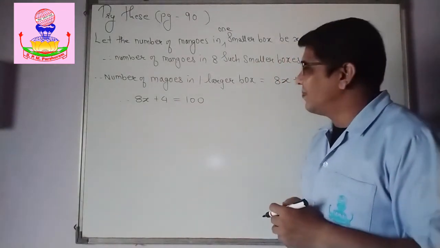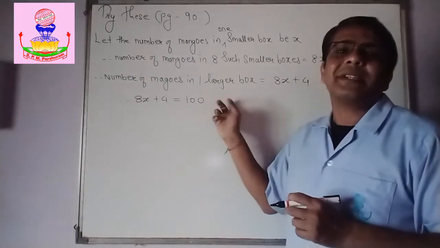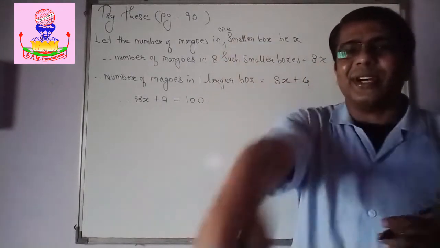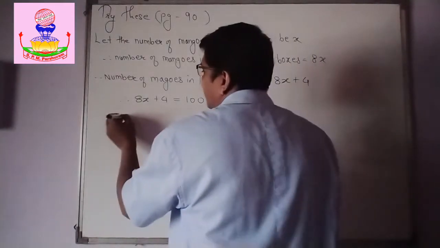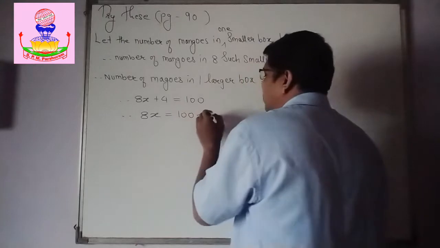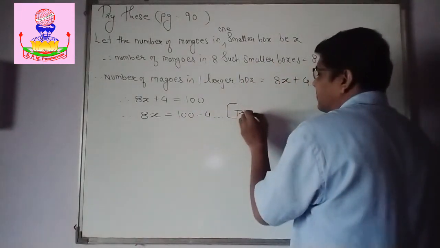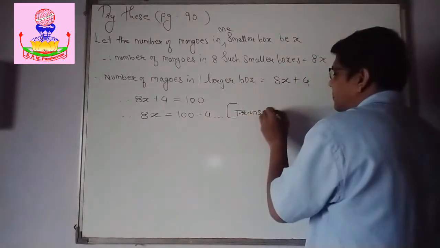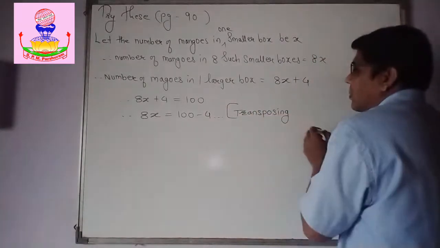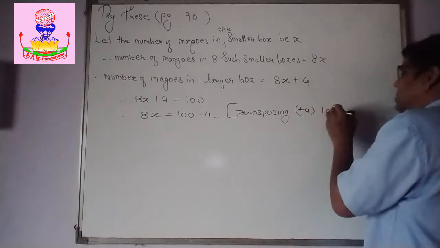Okay. Now what you do? Bring this 4 to this side, transposing 4 to RHS. So when it comes to this side, it will become, yes, there you are, minus 4. So therefore, 8x is equal to 100 minus 4. What you did? Transposing plus 4 to RHS.